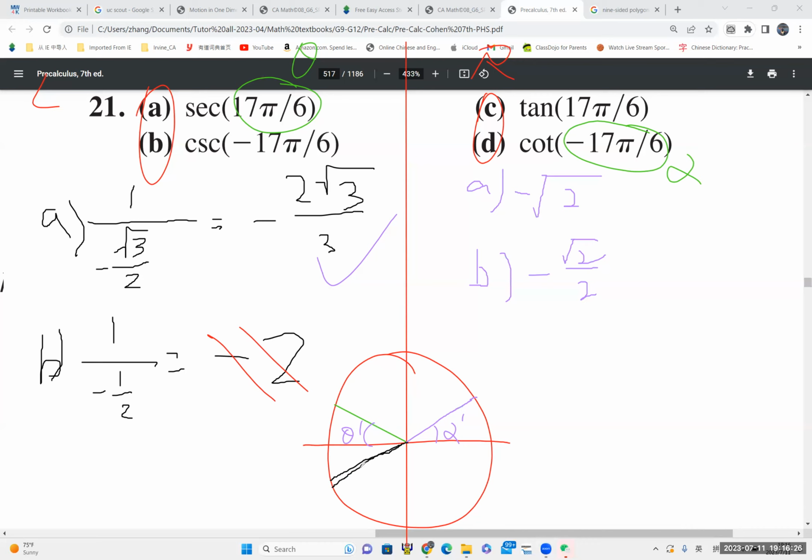You think it's here? No. Neil, did you draw theta or alpha?